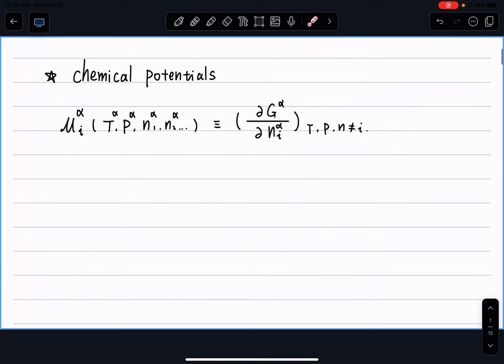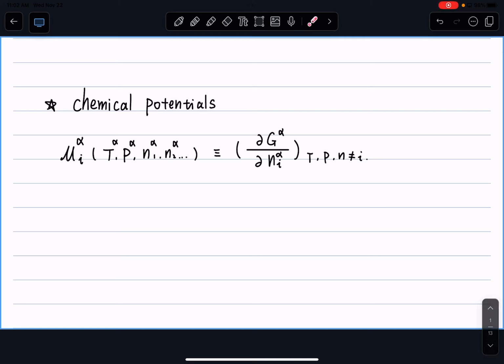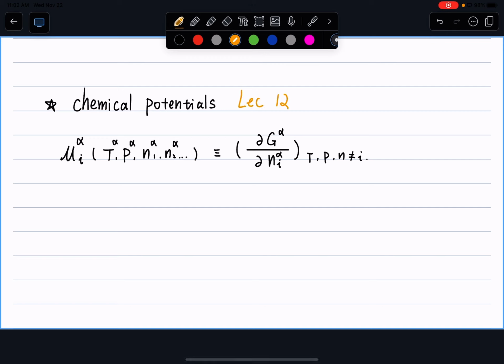Okay. So just to remind you a little bit, lecture 12 is when we cover the basics of chemical potentials. That includes the definition of chemical potential and how we derive that expression. So what we have here is the chemical potential of that species i at specific phase alpha.